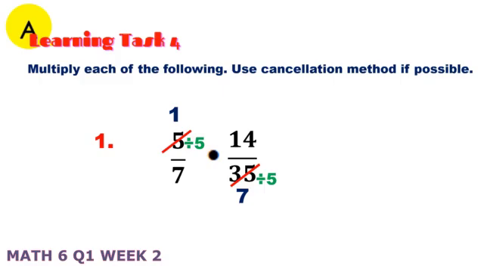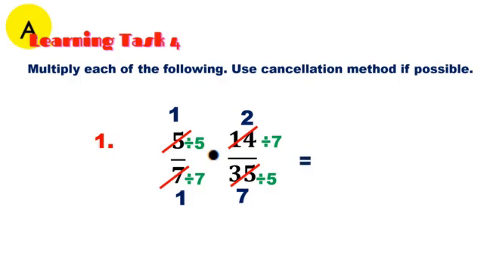You can also cancel 7 and 14, and the common factor is 7. 14 divided by 7 equals 2. 7 divided by 7 equals 1. Let's multiply. 1 times 2 equals 2. 1 times 7 equals 7. So the answer is 2 sevenths.